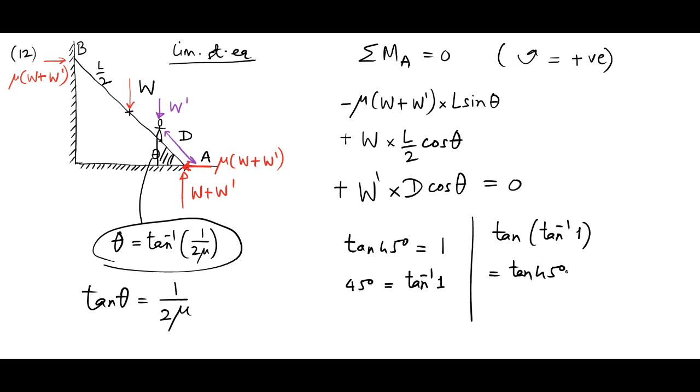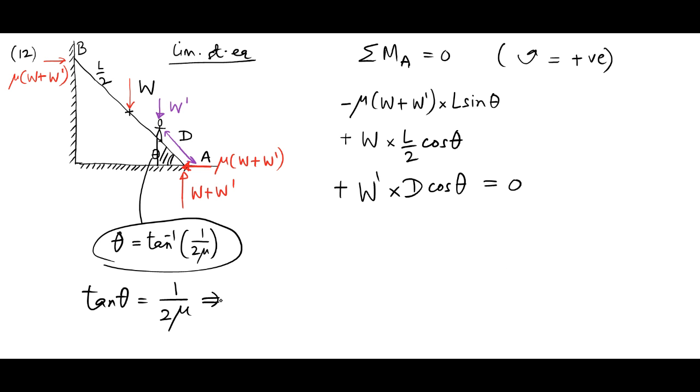It is 45 degrees. Then you get back to the first equation here, so that's equal to 1. So this tan and this tan inverse have an opposite action, and when they follow each other, that is tan of tan inverse, then the answer is going to be this particular number which you write over here. So that's why tan of theta is written directly as 1 upon 2 mu over here.